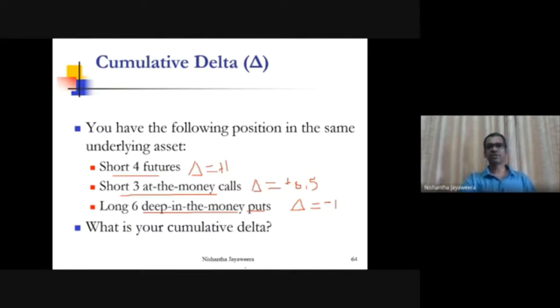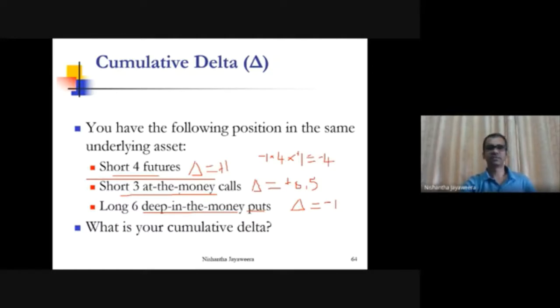So what is your cumulative delta? What you have to do is use the directional bias for each position, number of contracts, and delta. What is the delta of this position? Since this is short, it's -1, number of contracts 4, into plus 1. What is this plus 1? It is the delta. So you get delta of -4 for the futures contracts.